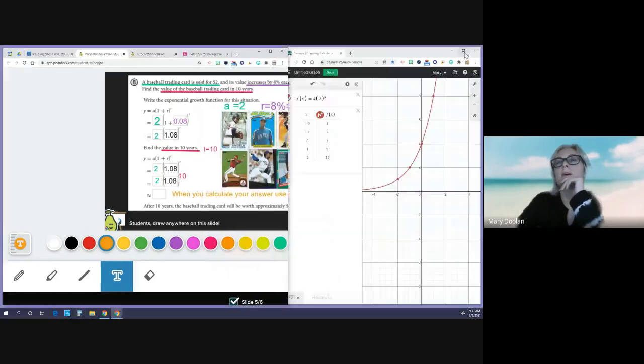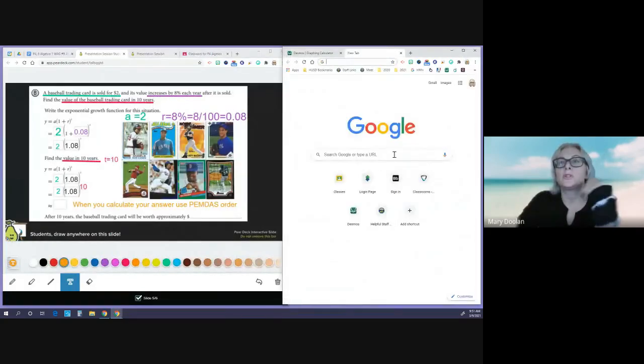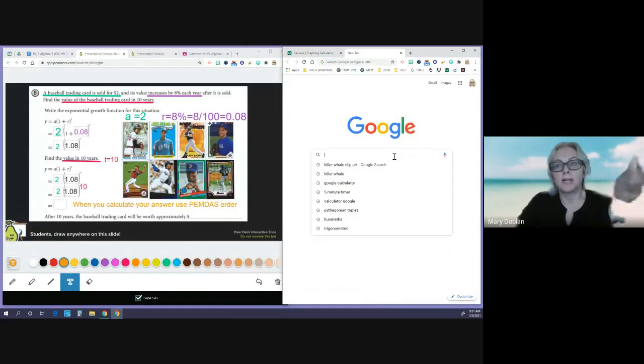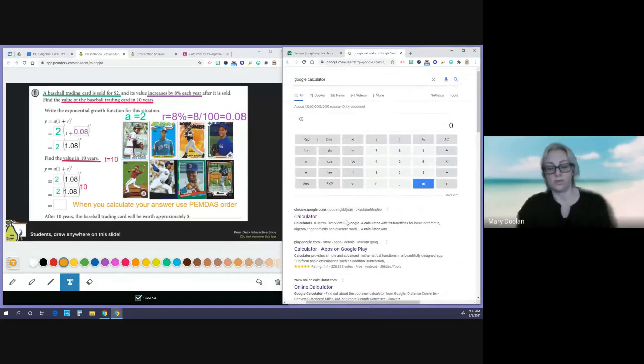So let me show you again. I want to show you a tool that everybody has, which is the Google Calculator. Most of you are on your Chromebook, and so you can use the Google Calculator app, or you can type Google Calculator into a Google search, and then it'll bring this one up specifically.